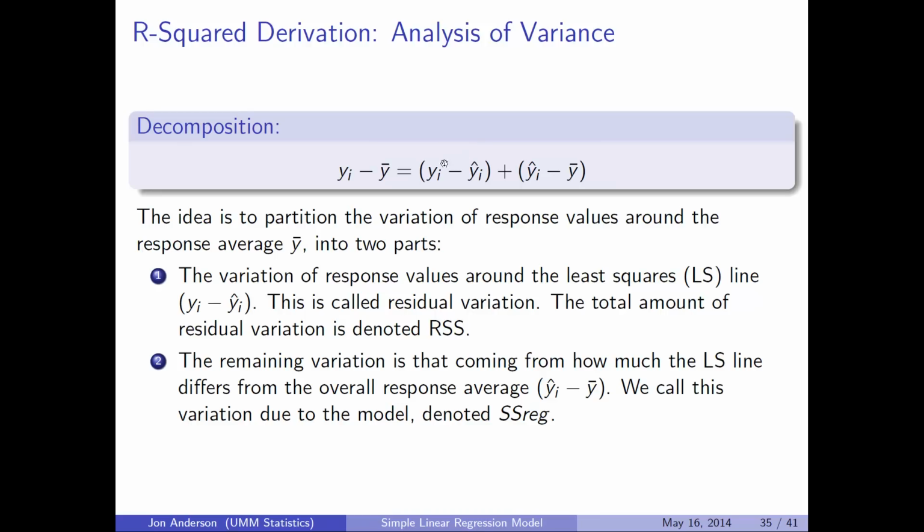In other words, this is like a residual, plus the distance from the line to the overall average. We call this first part of the variation the residual variation, RSS, and we call this variation the variation due to the regression or due to the model, SS-reg.